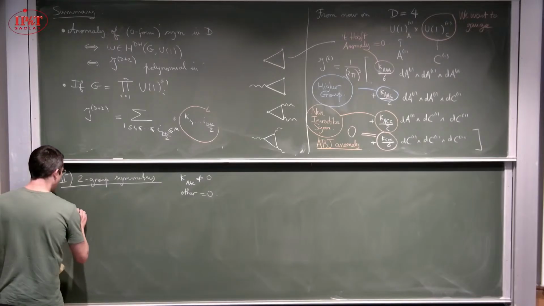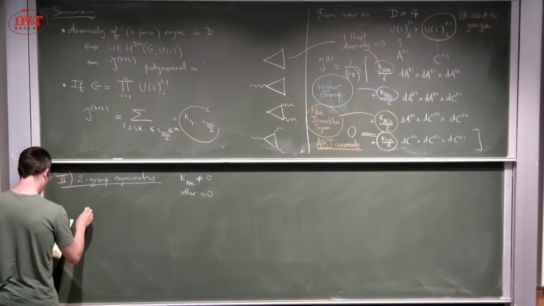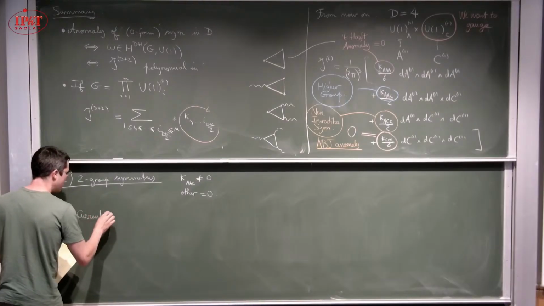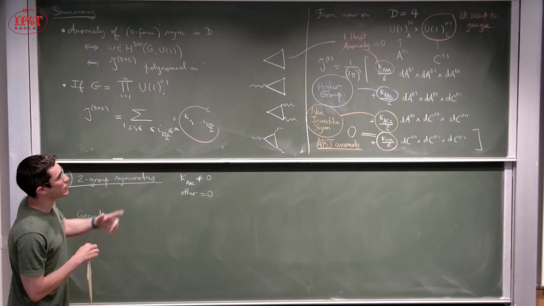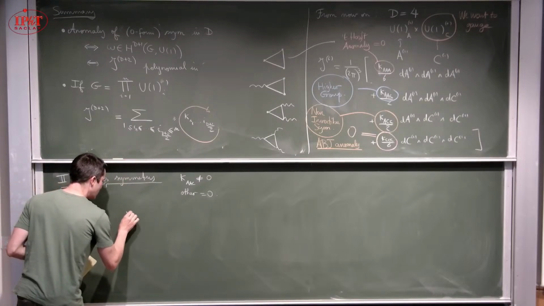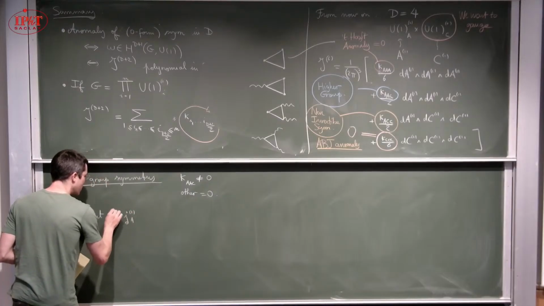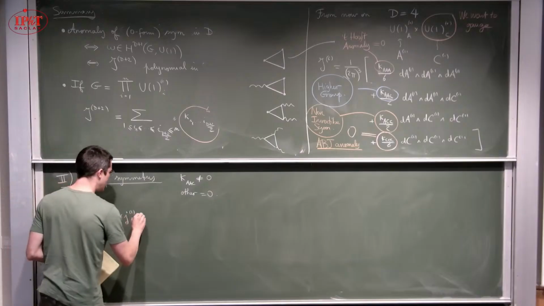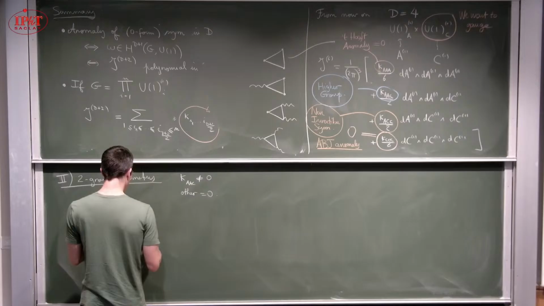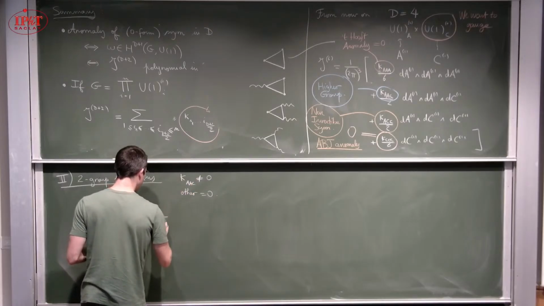So we have a current for the A symmetry, which is J, the 1-form, and then the conservation is d star J is equal to, there is this factor 1/4 pi.